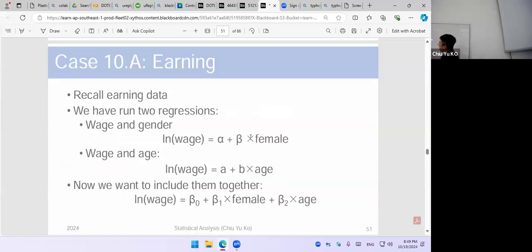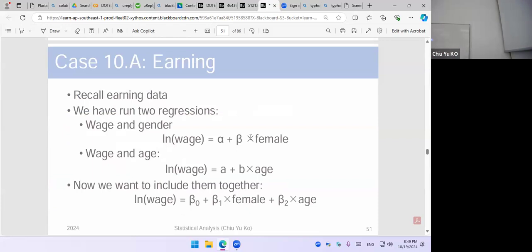So the good part is, let's run a regression. In the previous chapter, we saw two things. One is that being male or female affects your wage growth; there is a 20% difference between female and male.